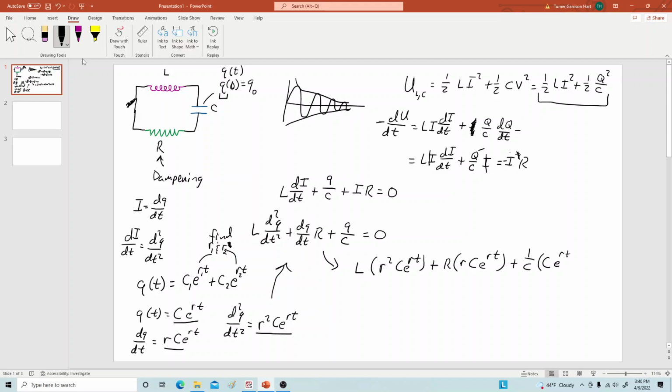But I have this, and the point is that my C e to the rt function is found everywhere, and so it cancels out, and I'm left with L times r squared plus the resistance times r plus 1 over the capacitance. And now this is a quadratic equation.